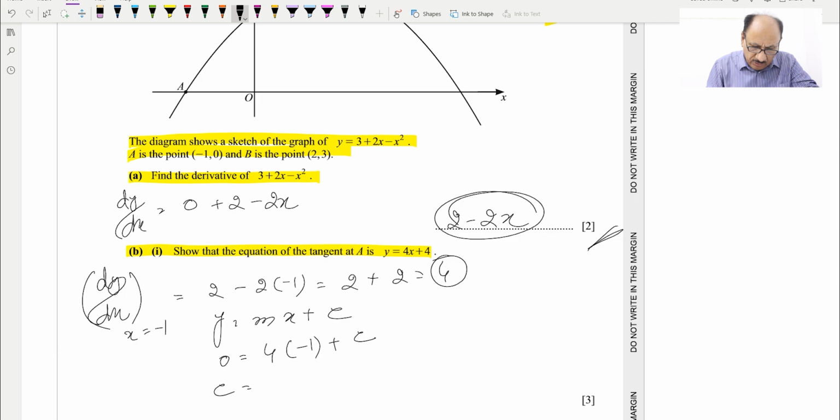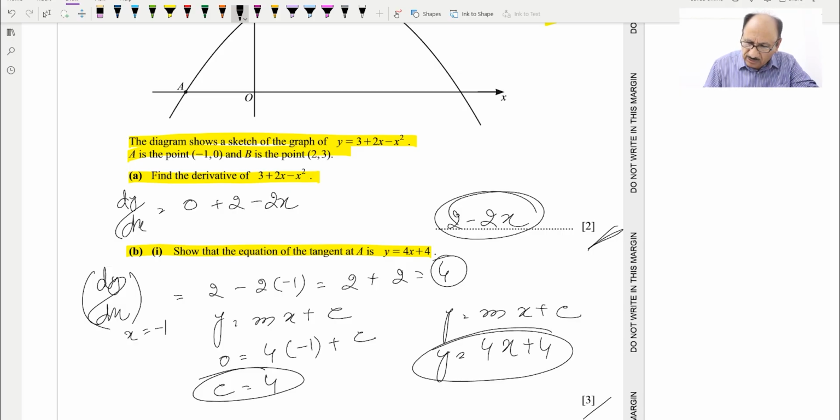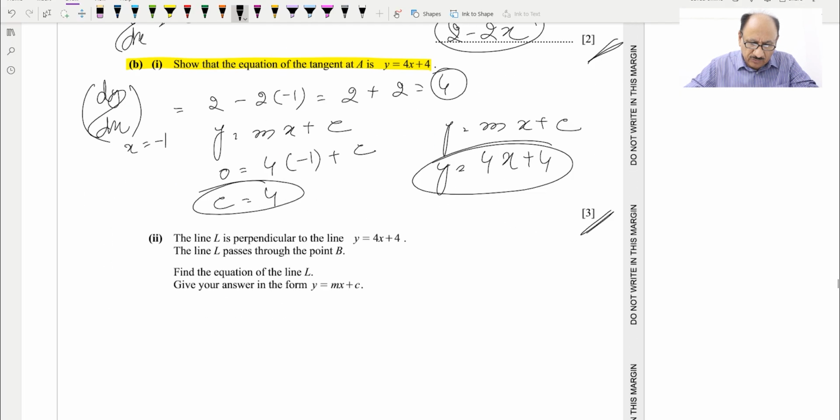So c value is equal to 4. Now we can write the equation y is equal to mx plus c. So y is equal to gradient is 4, so 4x plus 4. This will be the equation of the tangent, which is 3 marks, which is done.